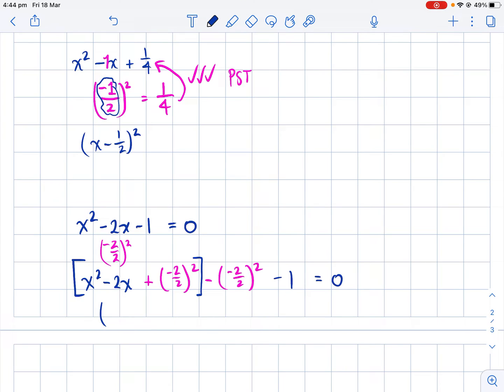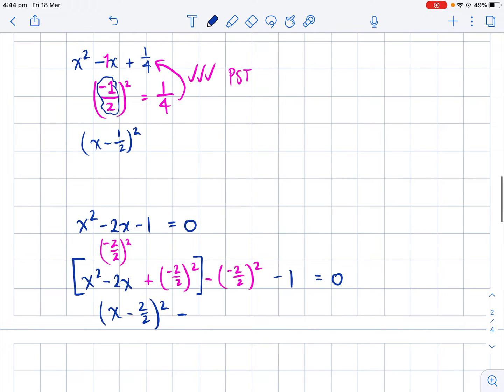I just factorise those first 3 terms by writing x, whatever this value is, -2/2 all squared, minus -2/2 squared minus 1. And it's equal to 0. So now I've just got to tidy this up, and we probably should have recognised before that -2 divided by 2 is just -1. So in my brackets that becomes x minus 1 all squared.